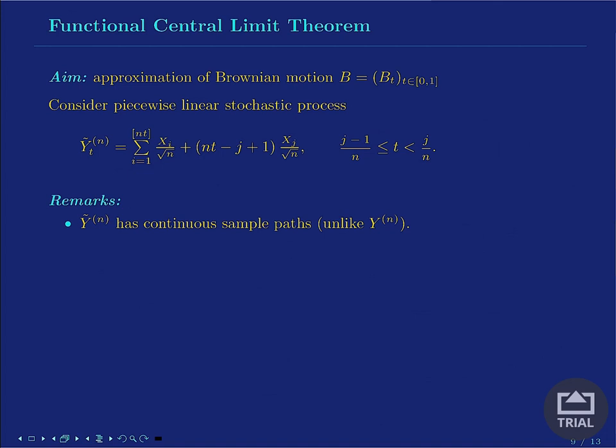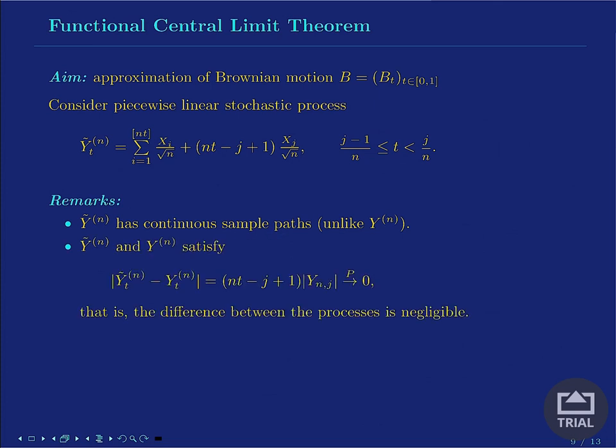So firstly we see, as explained, that this process has continuous sample paths like the Brownian motion, the limiting process. Further we can see that the difference between the processes is exactly this point here, and this converges in distribution to 0.